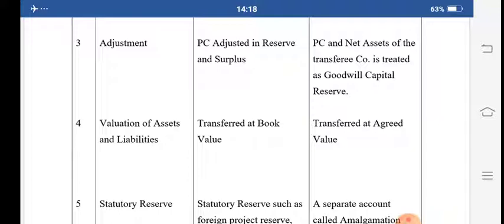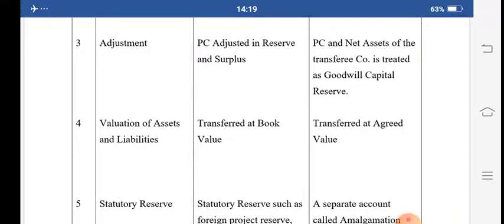But in the purchase method, only the assets and liabilities taken over by the transferee company from the transferor company are transferred at agreed values. This is point number four.